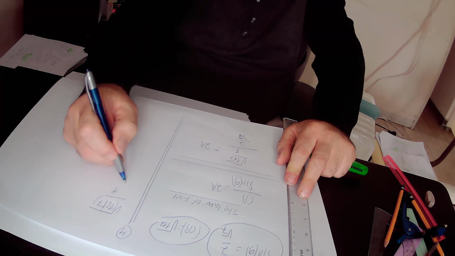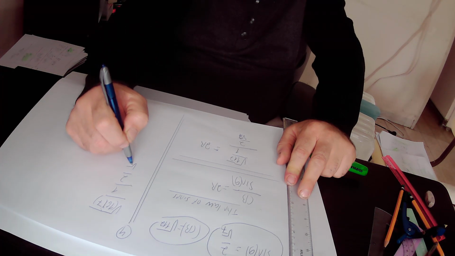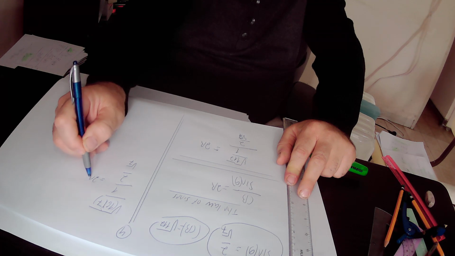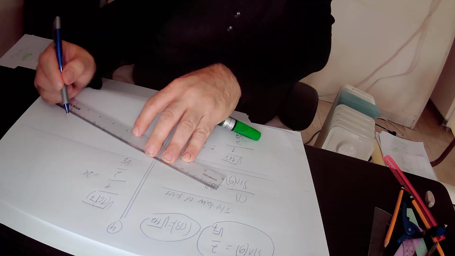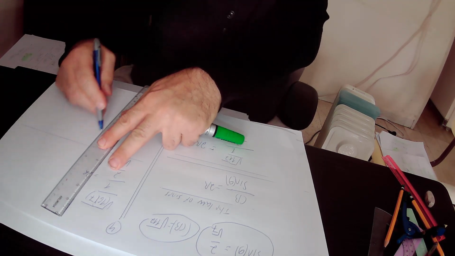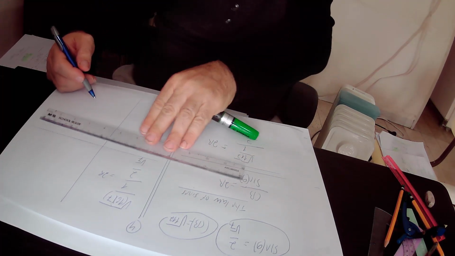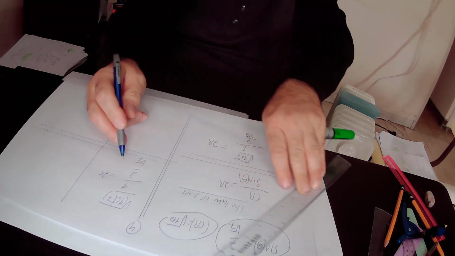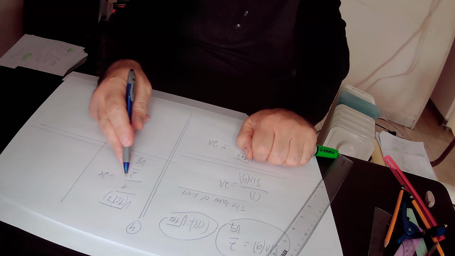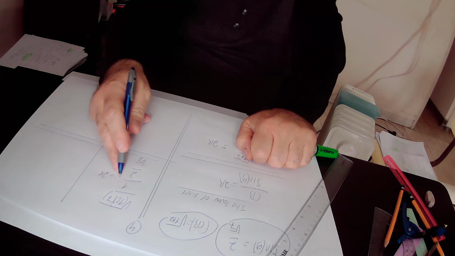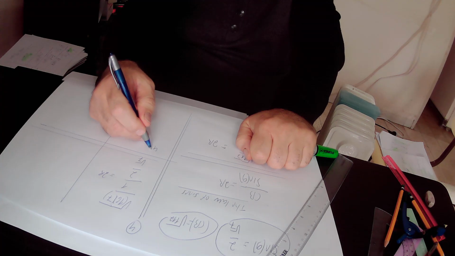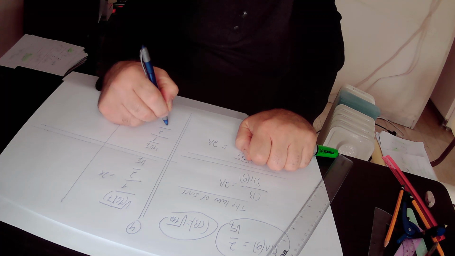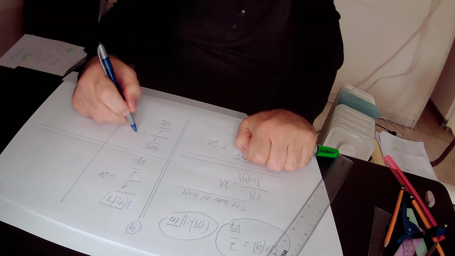The square root of 16 is 4, so we take 16 out of the root. Inside the root we leave only 7, so this expression in total equals 4 times square root of 7 over 2 over square root of 7 equals 2R.